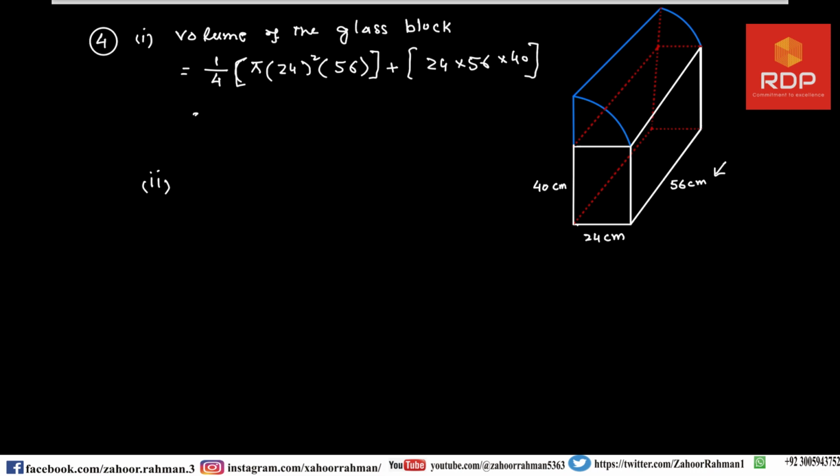So when we calculate the first part, 8064 pi, we will get, plus from the second part 53,760. After putting the value of pi, we will get 79,100 centimeter cube to three significant figures.